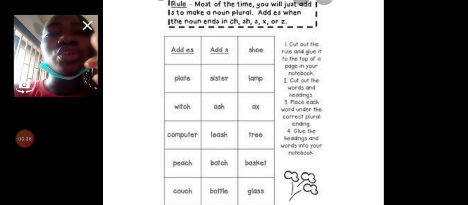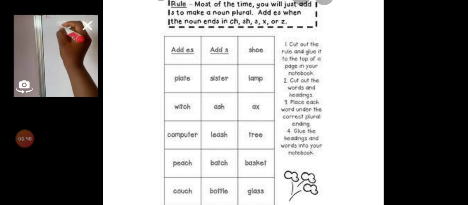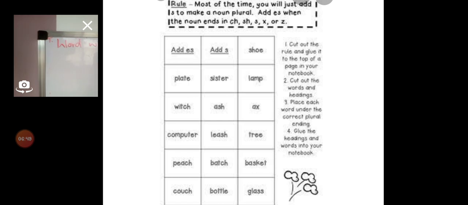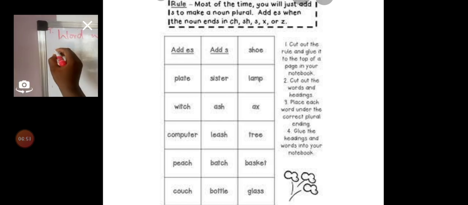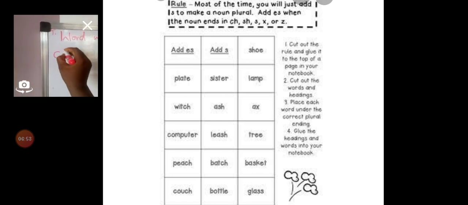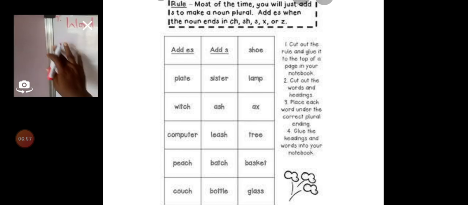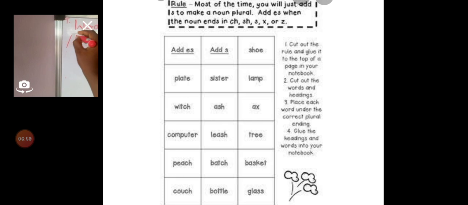Let me switch the camera so that you can see. You do like this. You say word with. Can you see? Word with. You write ch, words that you add es to.